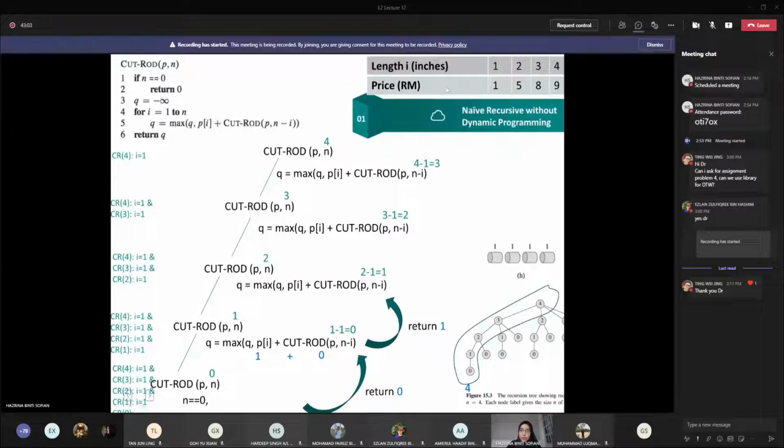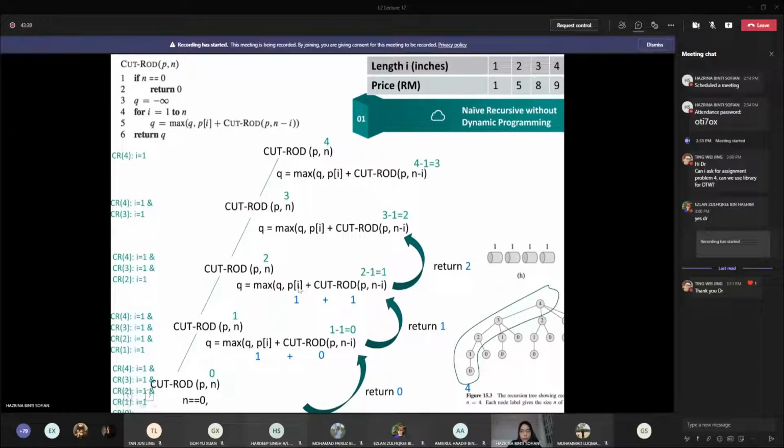PI means the price of I. Currently I is equivalent to 1, so PI is 1 ringgit. So 1 ringgit plus 0 ringgit means this cut rod 1 will return 1 to the caller. So now the caller has 1 ringgit.